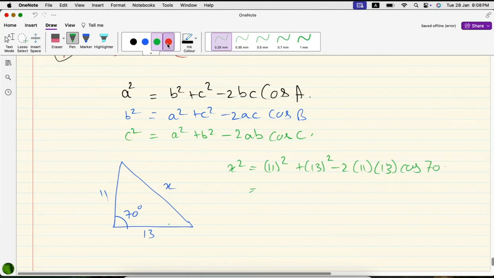Sometimes more angles would be given just to confuse, so you just have to follow the pairing. It is given in degrees, so calculate in degree mode. 11 square plus 13 square minus 2 into 11 into 13 into cos of 70, and this is giving me 192.18.